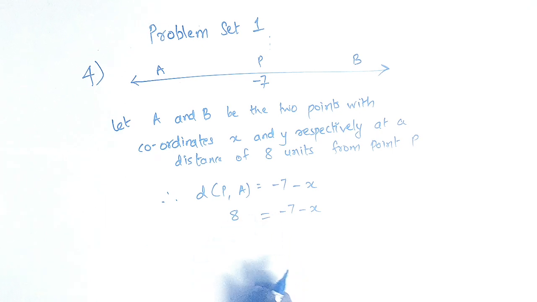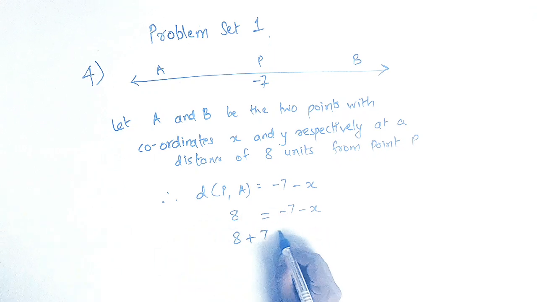Let me take 8 here, 7 here, so 8 plus 7 it will become, this is minus x. So 15 equals to minus x, minus will move here, I'll call it x is equal to minus 15. Okay, so point A we got the coordinate -15.